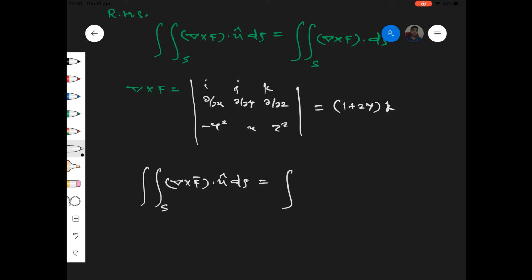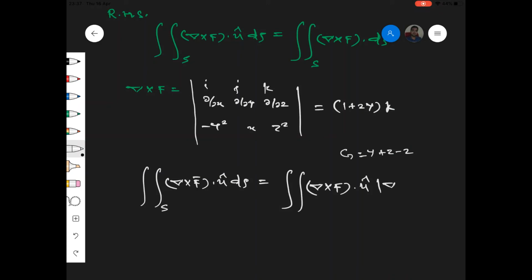So this double integral of del cross f, whose value we have just now evaluated, dot n cap d rho over the surface S, we can write like this: double integral del cross f dot n cap, and now we'll write the equation of the surface, g equals y plus z minus 2.